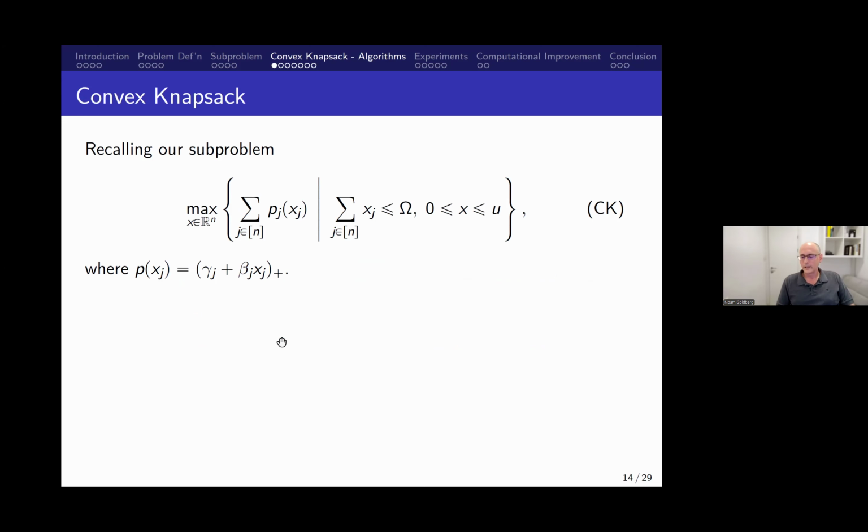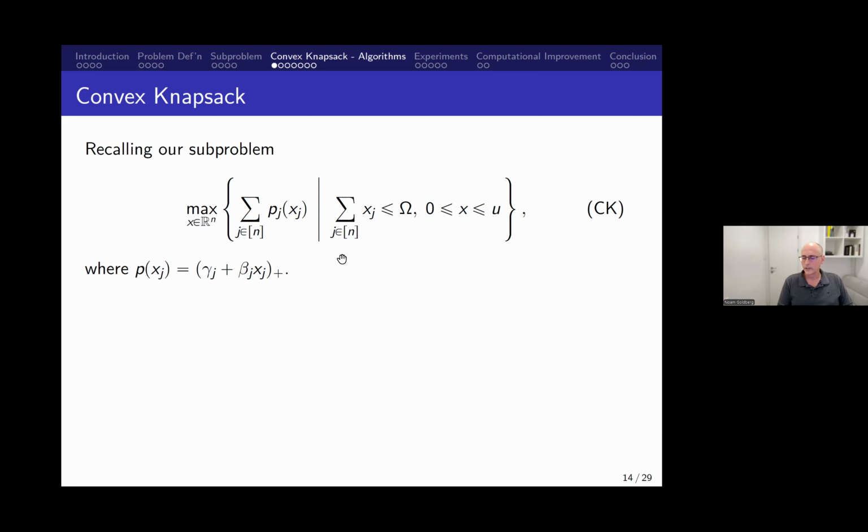Just recalling our subproblem, it's of this simple form. We're maximizing this sum of profits, where each pj is a convex function of this specific form, piecewise linear with a flat first segment and a general slope on the second segment, subject to the uncertainty budget constraint.